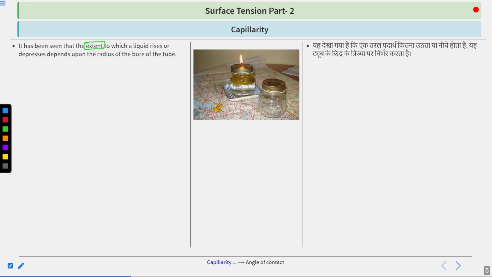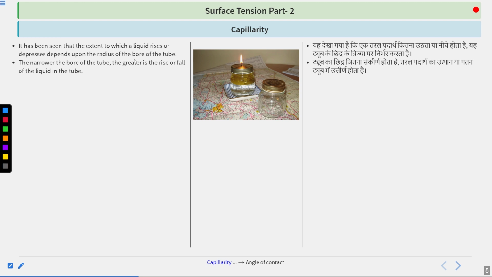So the extent of rising or falling depends upon the radius of the bore of the tube. The capacity to rise or depress does not depend upon the radius. Please make that clear in your mind so that you do not get confused whenever you come across these terms.